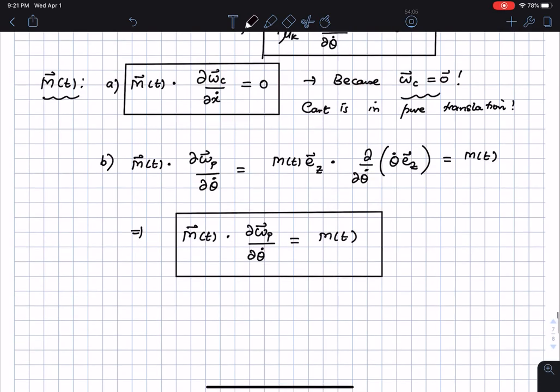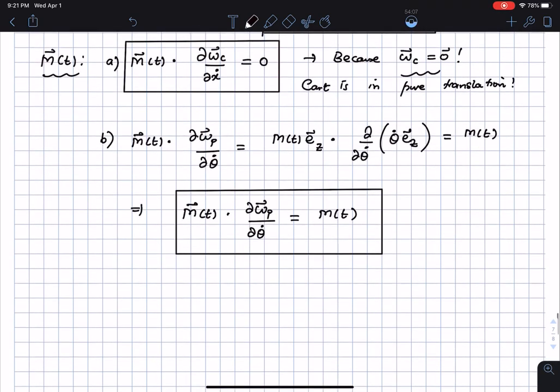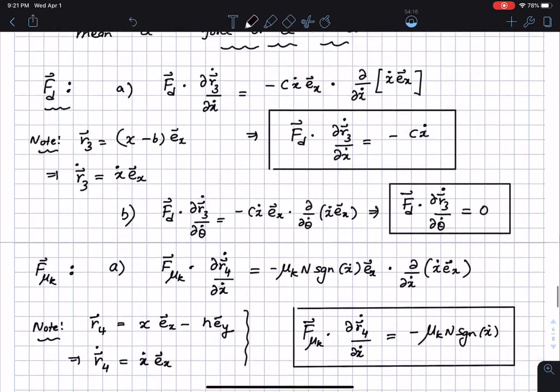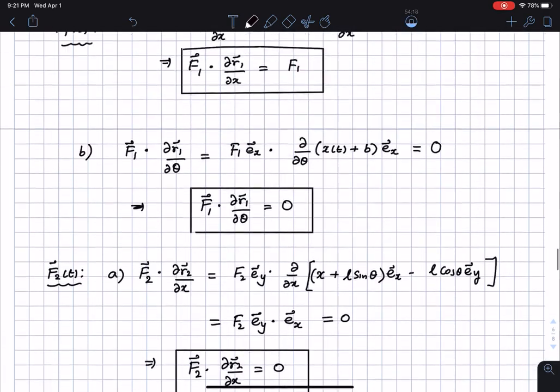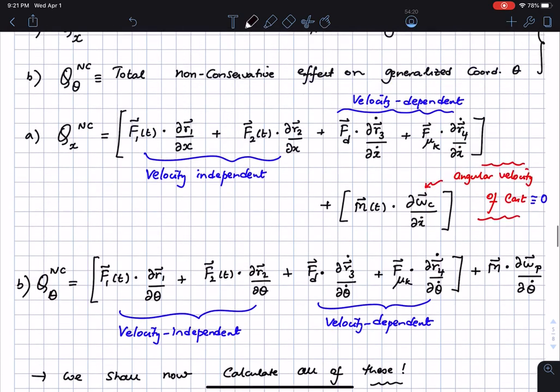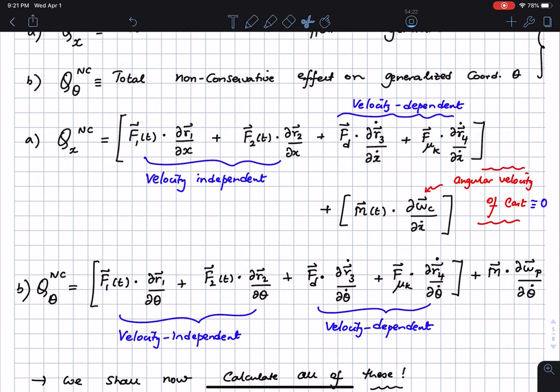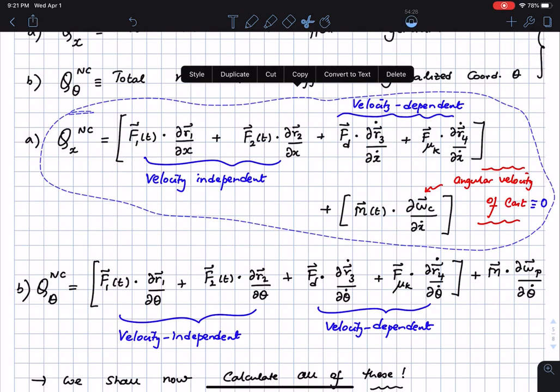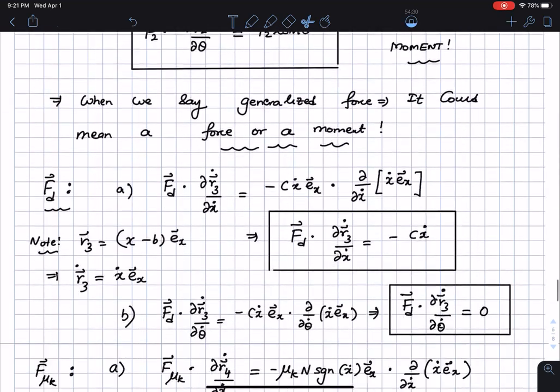Okay, and once we have this, then we can say the following: Qx non-conservative. Okay, if I go back to Qx non-conservative from here, let me maybe pull that down, and we can kind of get rid of some of these quantities and so on.